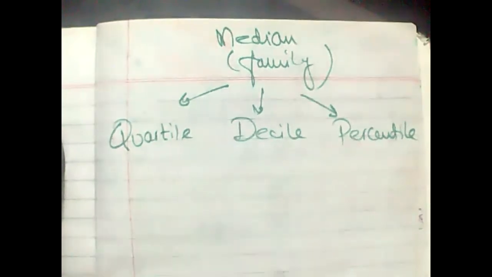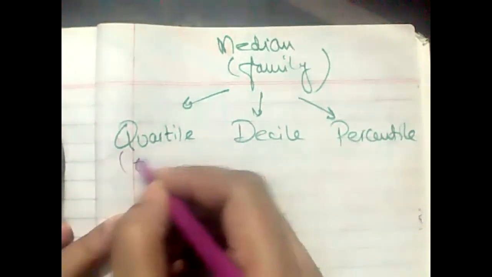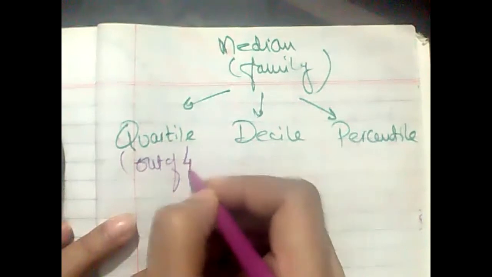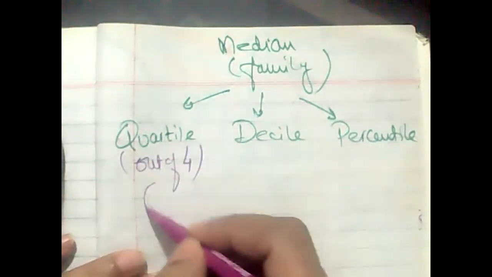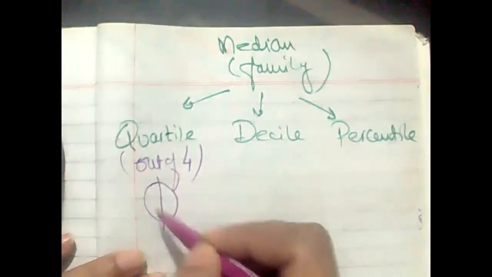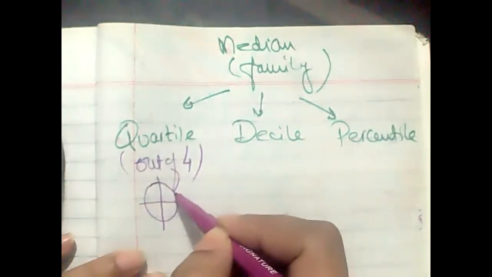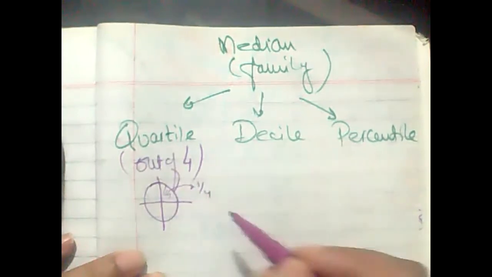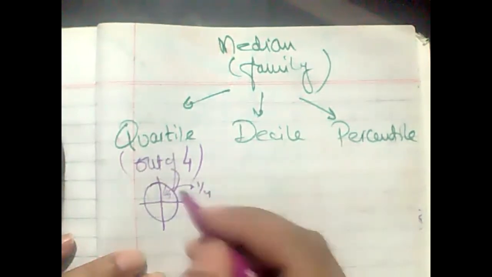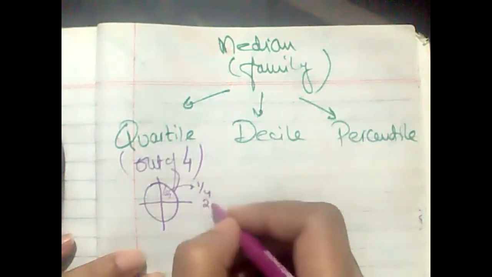Quartiles mean something out of four quarters. We call it a quarter, like when we divide something into four parts. This is one quarter, one fourth part, and I can call it 25%.